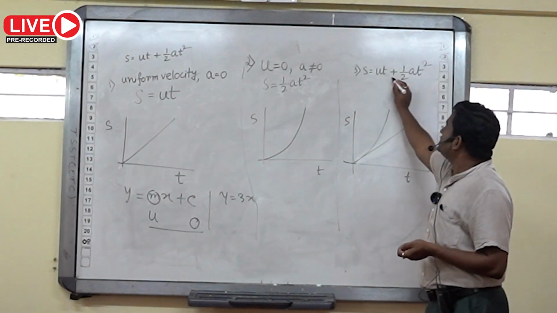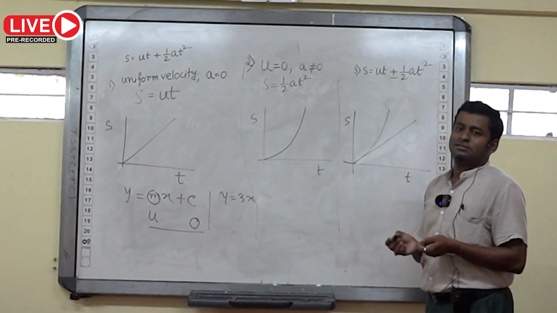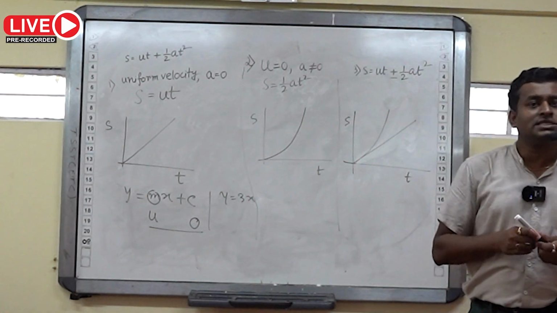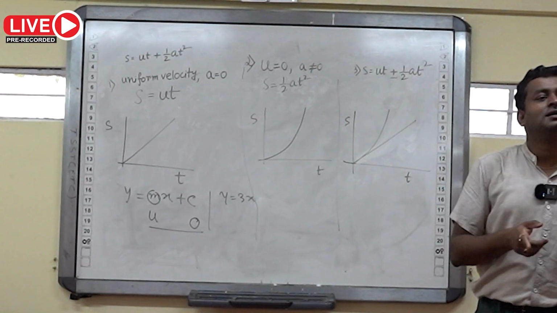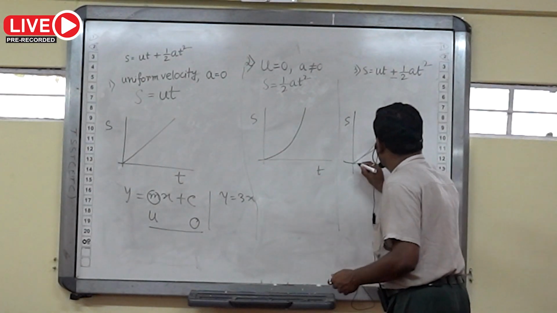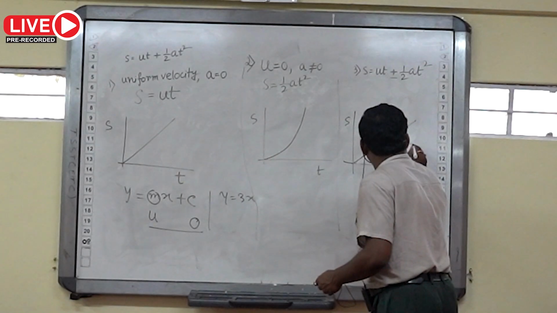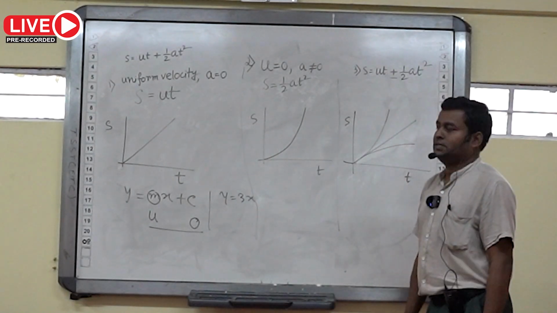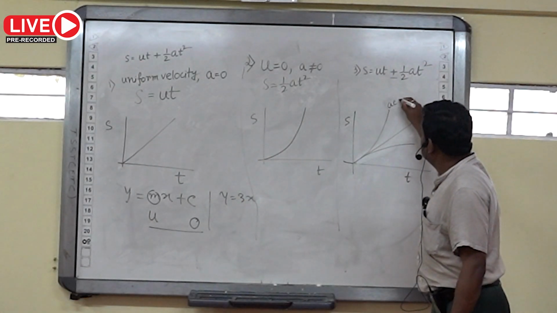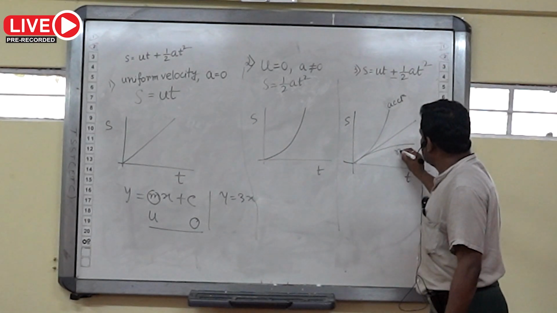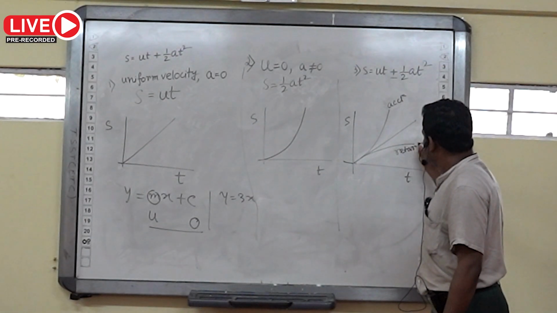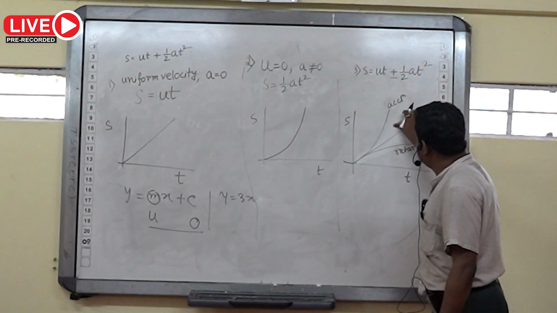Instead of this, if this term is minus, meaning retardation, then in which direction will the graph bend? Downward, like this. This is for acceleration. This is for retardation. This is for uniform velocity.